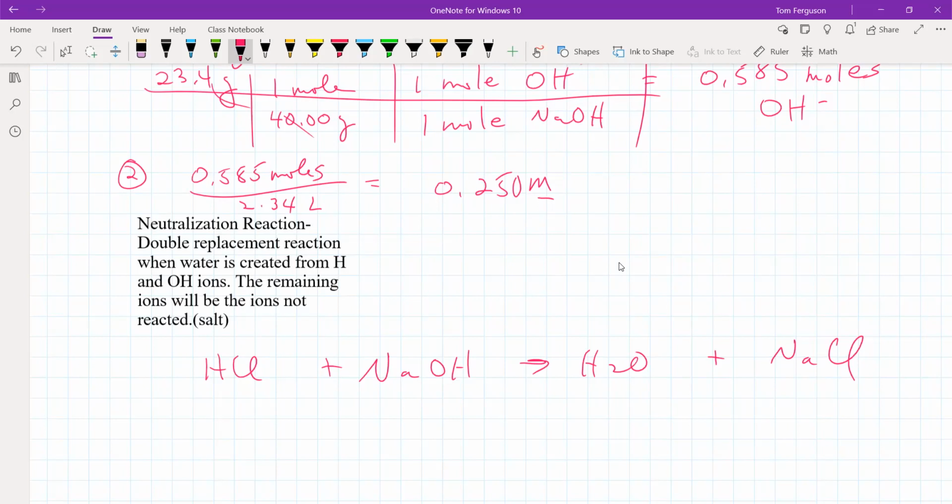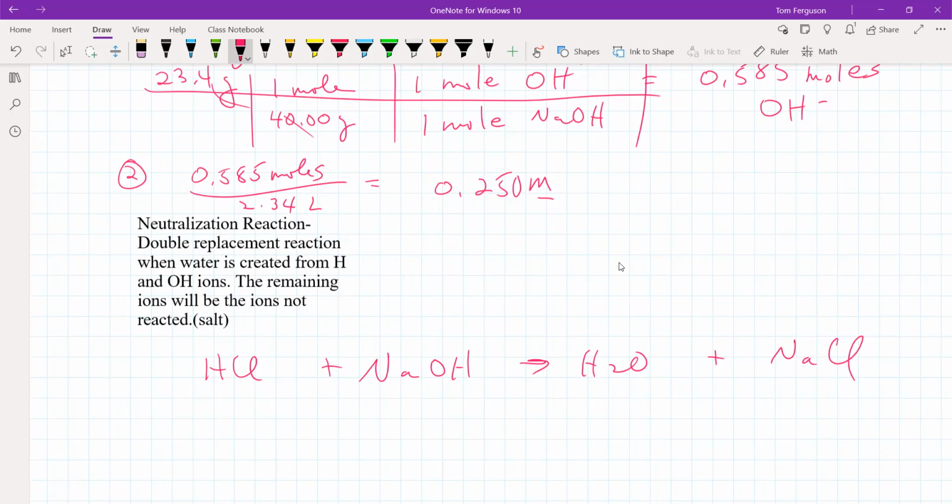Now we also have another situation that comes up here with a neutralization reaction. Because if we don't have exactly the number of moles of HCl equaling the number of moles of sodium hydroxide, we're going to have leftovers.